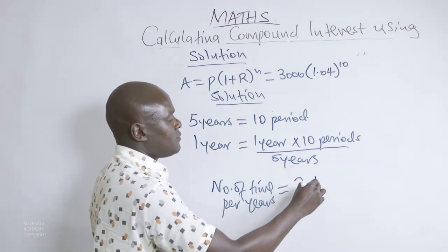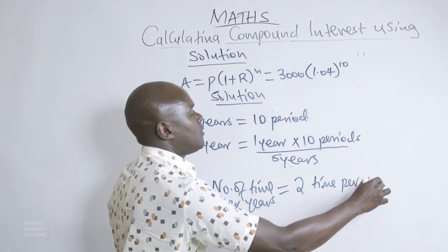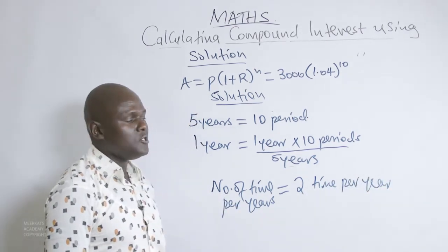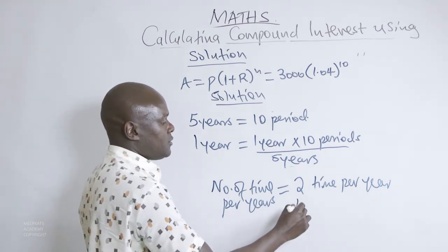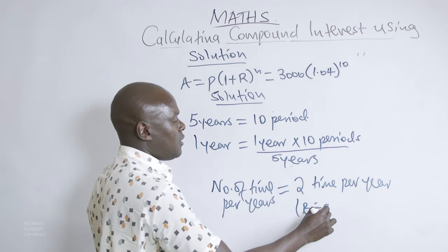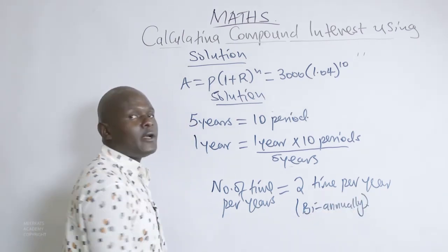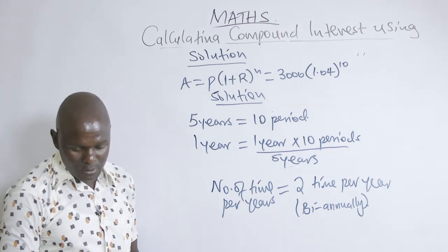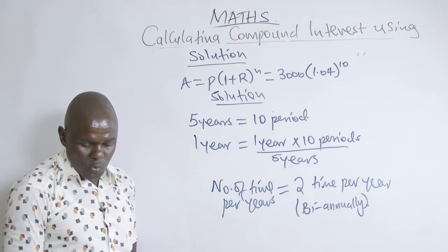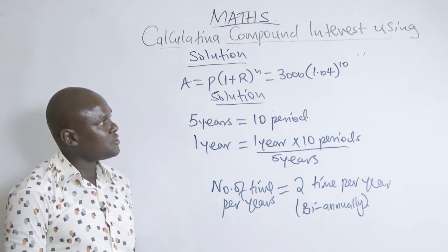This will be 2 times per year, which is referred to as biannually. Twice per year. The next question is, what is the annual interest rate as a percentage?